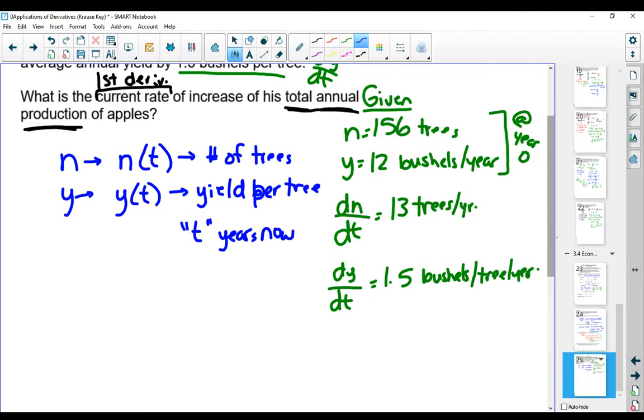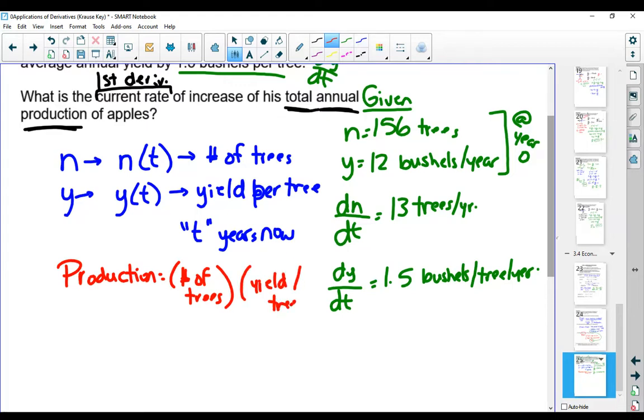Now, if we look at the last question, it says, what is the current rate of increase of his total annual production? Well, the production is going to be the number of trees times however much each tree produces. So our production will equal our number of trees times the yield per tree.